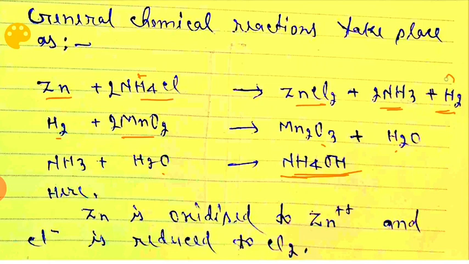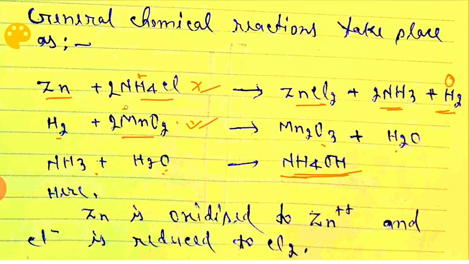So in this reaction what happens? It clearly indicates that zinc is oxidized and hydrogen is reduced, and this part is a redox reaction and the rest two parts are non-redox. This is a non-redox reaction. It is also a redox reaction. Why is it a redox reaction?